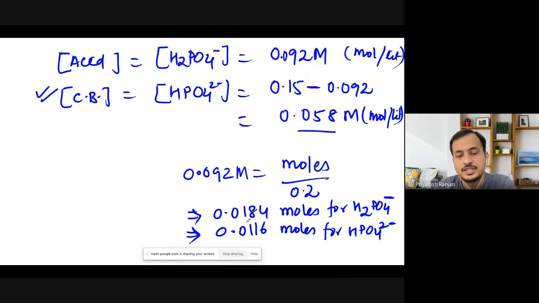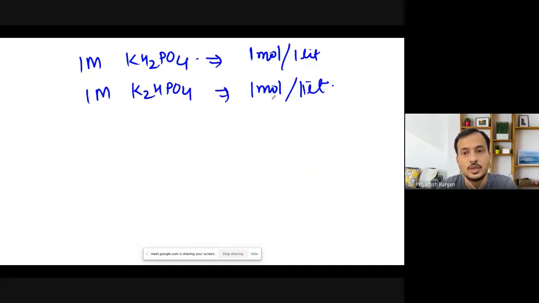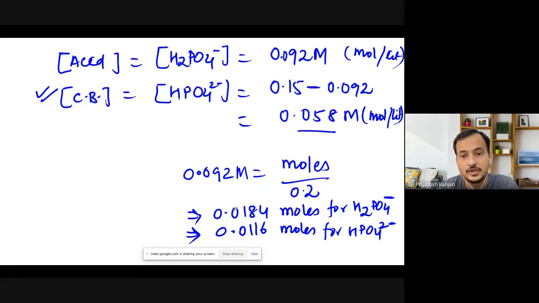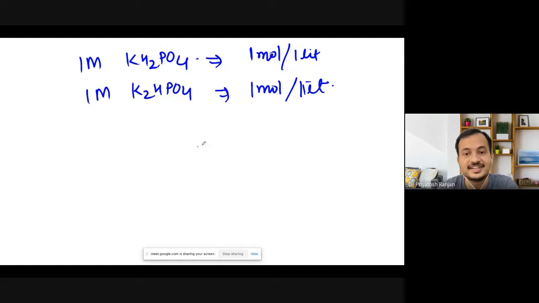I need 0.0184 moles, that means for H2PO4 minus. So 1 mole is present in 1000 ml or 1 liter. So 0.0184 mole is going to be present in how much ml?